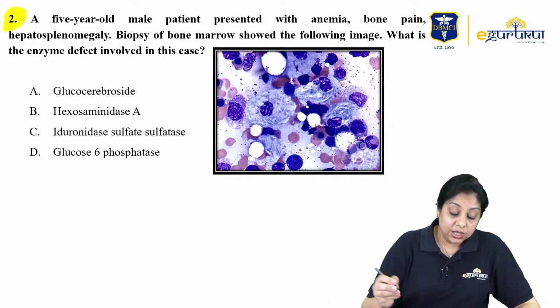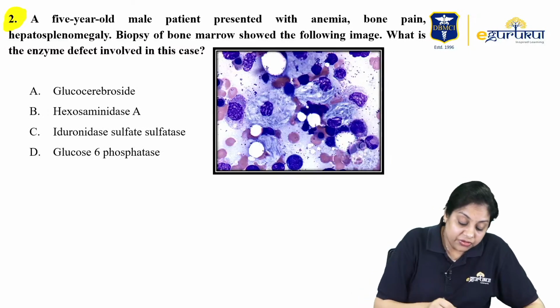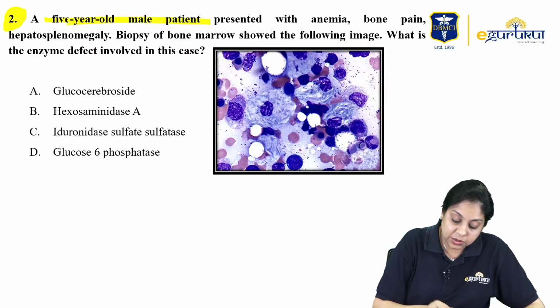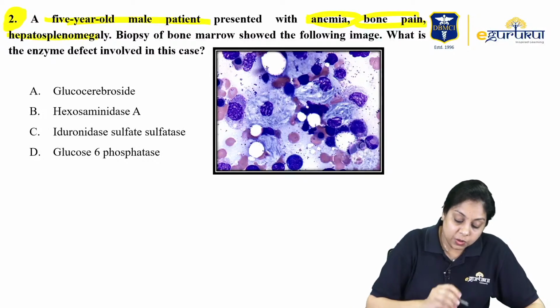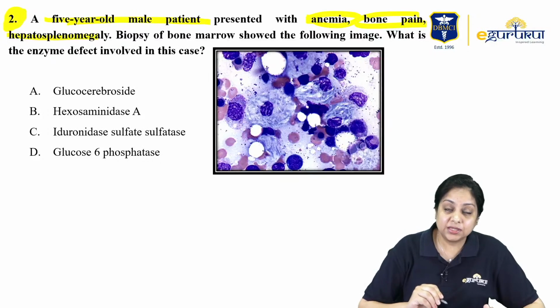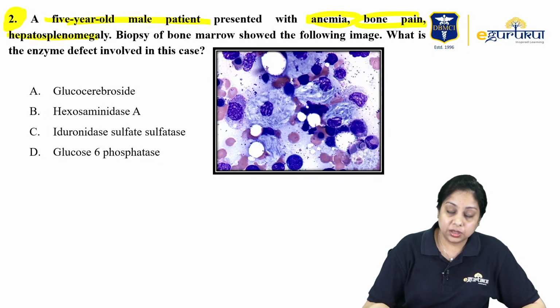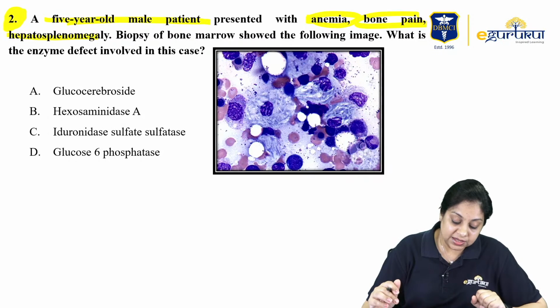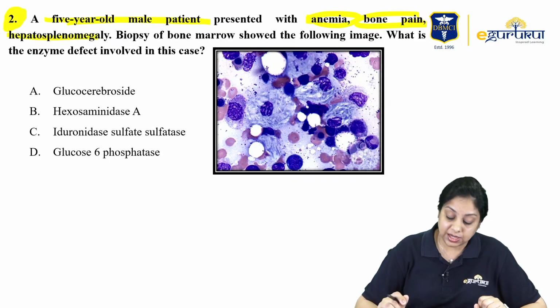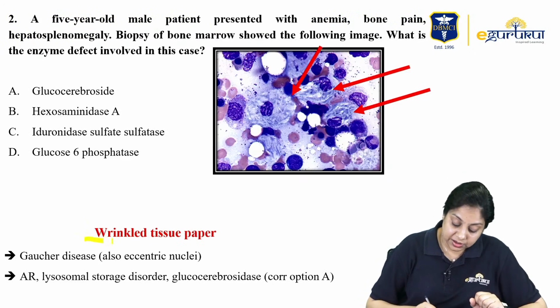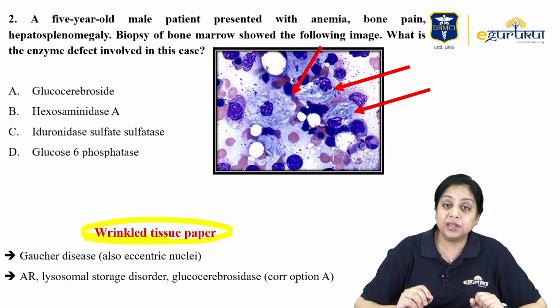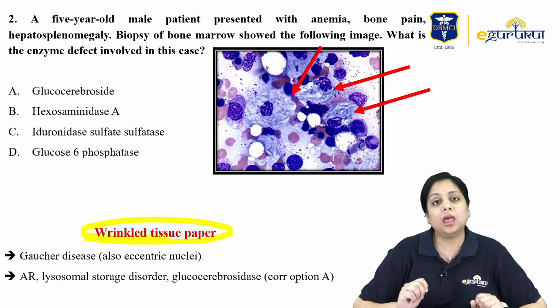Okay, very good. So another question was about a 5-year-old male patient presenting with anemia, bone pain, hepatosplenomegaly, right? And you have this picture of the biopsy, right? What is the enzyme defect involved in this case? What do we see here? We see the wrinkled tissue paper appearance indicated by the red arrows, right?